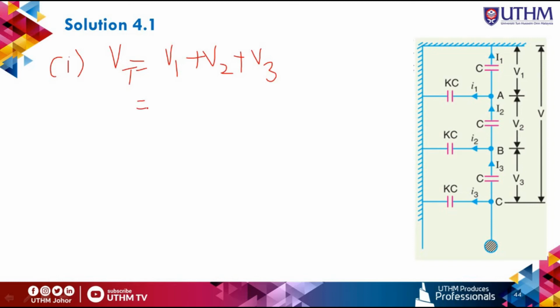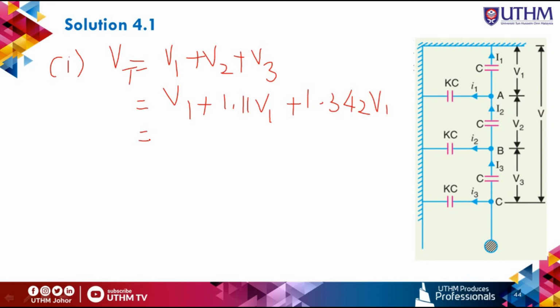From the previous equations, V1 plus V2, which is 1.11 V1, plus V3, which is 1.342 V1.